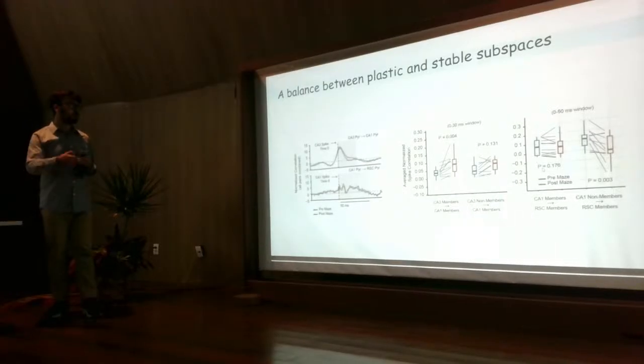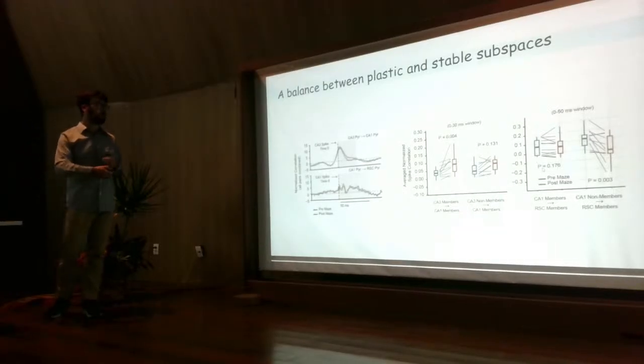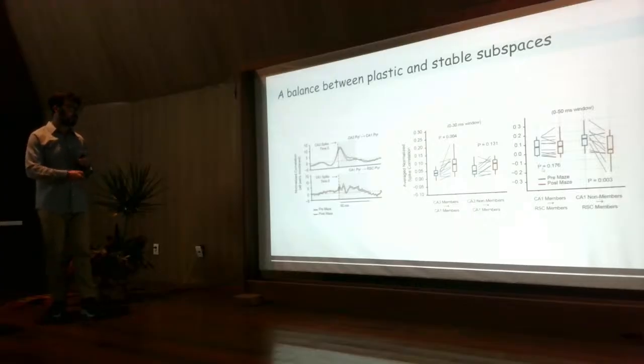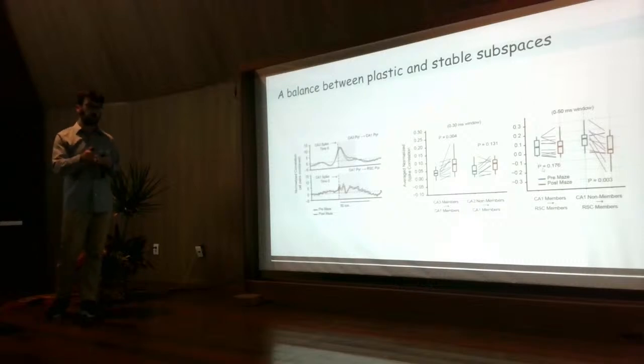We also verified this profile using cross-correlation between the spike times during pre- and post-sleep. If we take the activity, time 0 will be the spike of a CA3 neuron.